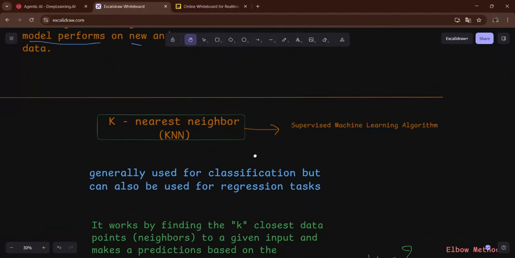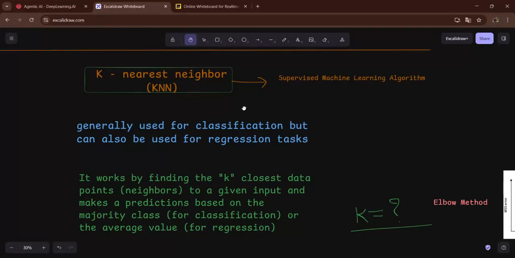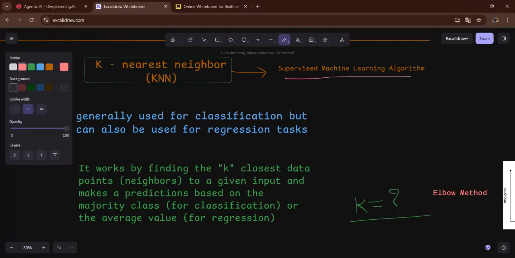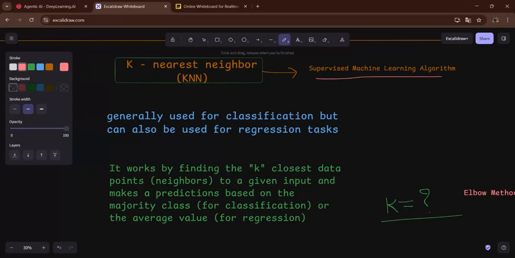Now, in today's lecture, we are going to learn about K nearest neighbor. K nearest neighbor is also one of the supervised machine learning algorithms, and it's generally used for classification, but it can also be used for regression. If the problem is related to a regression task, then we use averaging, and if the problem is related to classification, then there is majority voting.